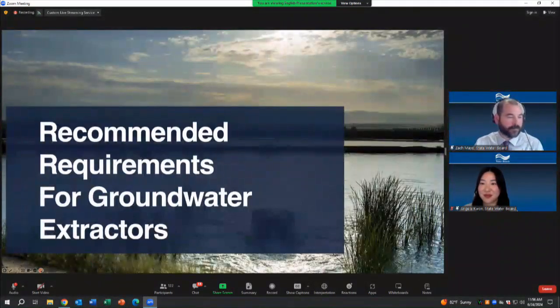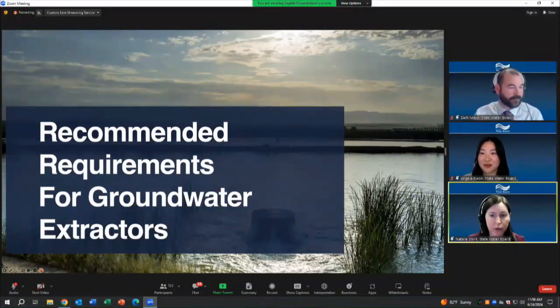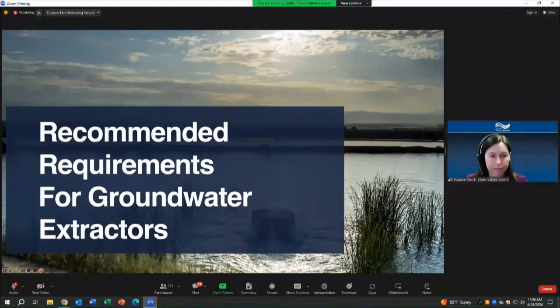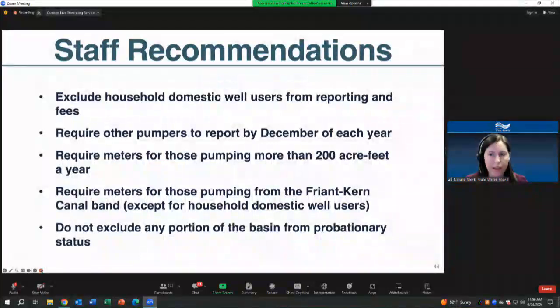Thank you, Zach. In addition to the deficiencies noted above, staff have additional recommendations to the board. Now I'm going to go over recommended requirements that would apply to groundwater extractors in the staff report.